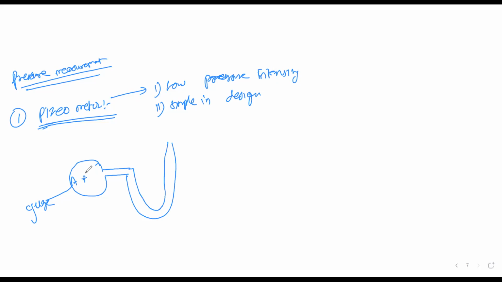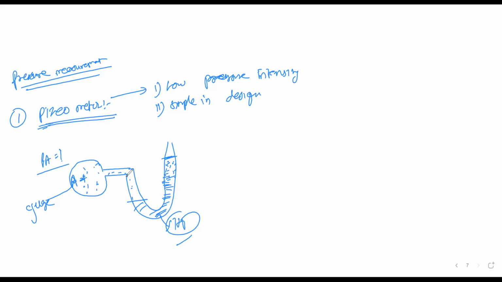It's a pipe, and this is point A. I need to measure the pressure at point A, and this gauge is filled with a liquid, and there is mercury. Why is mercury used to measure the pressure? Because mercury is a non-sticky liquid with high density. Non-sticky means there will be only the force of cohesion.